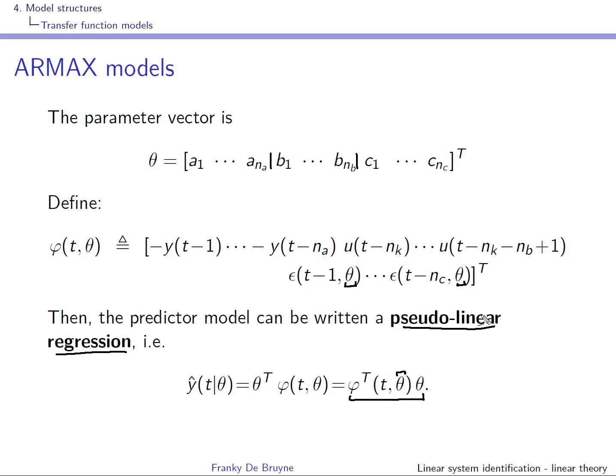But of course this pseudo has a huge impact. So why is there such a huge impact? Remember that we could write, well, the prediction at time 1, right?